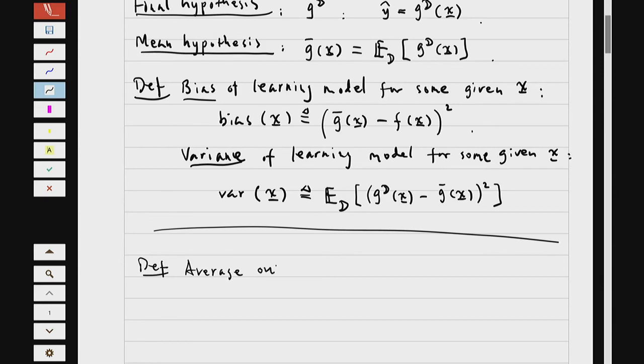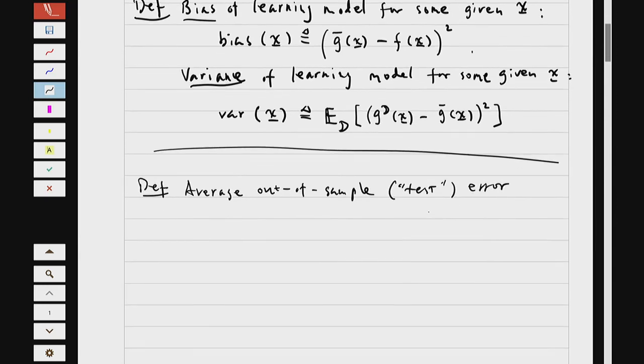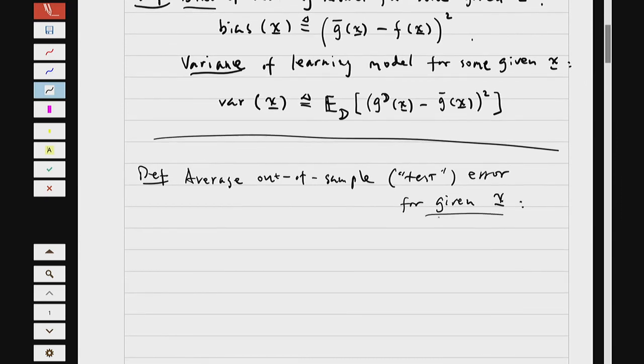So we have to define the average out of sample error, or the test error, for any given sample point x. This is important, for a given sample point.